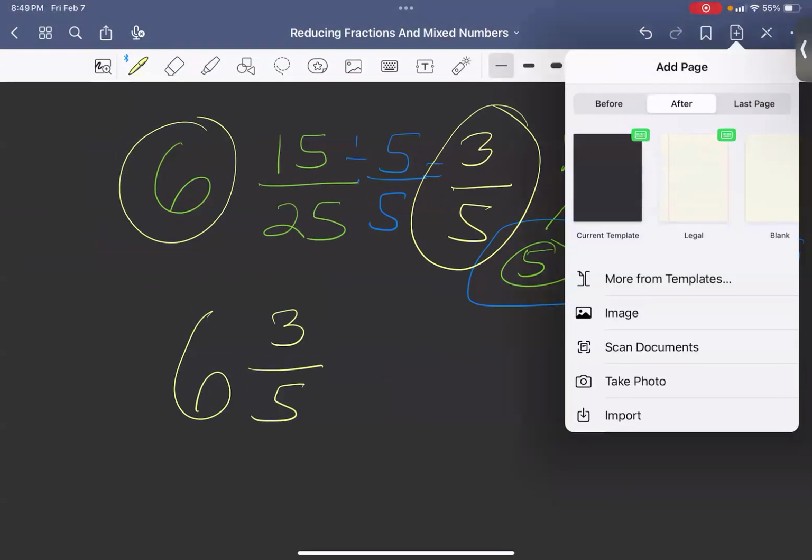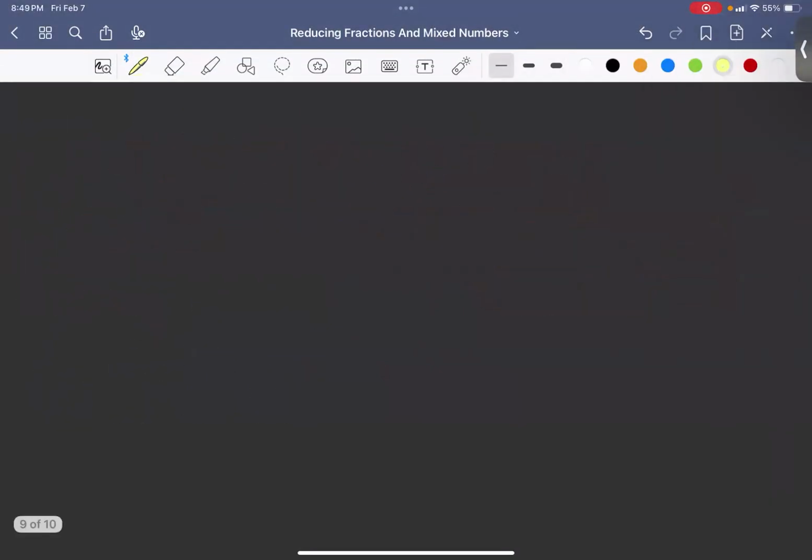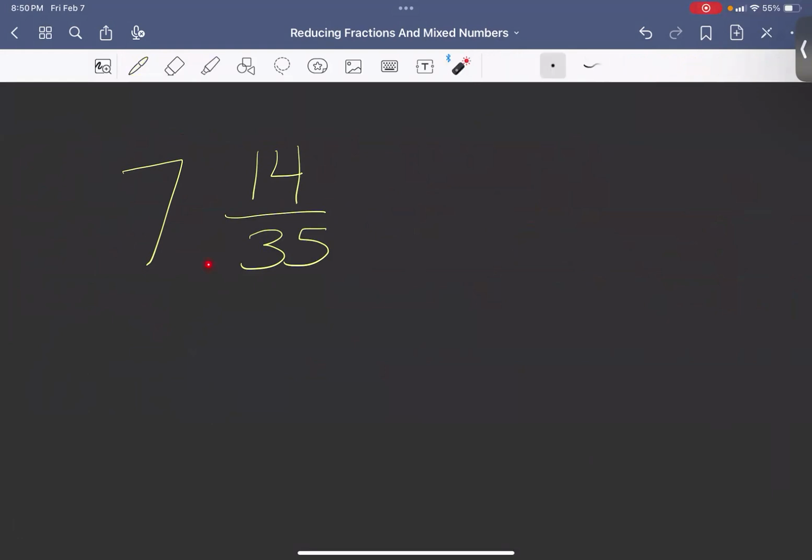Let's do one last one. Let's say we have 7 and 14 over 35. So we've got to find out, do 14 and 35 have any common factors?